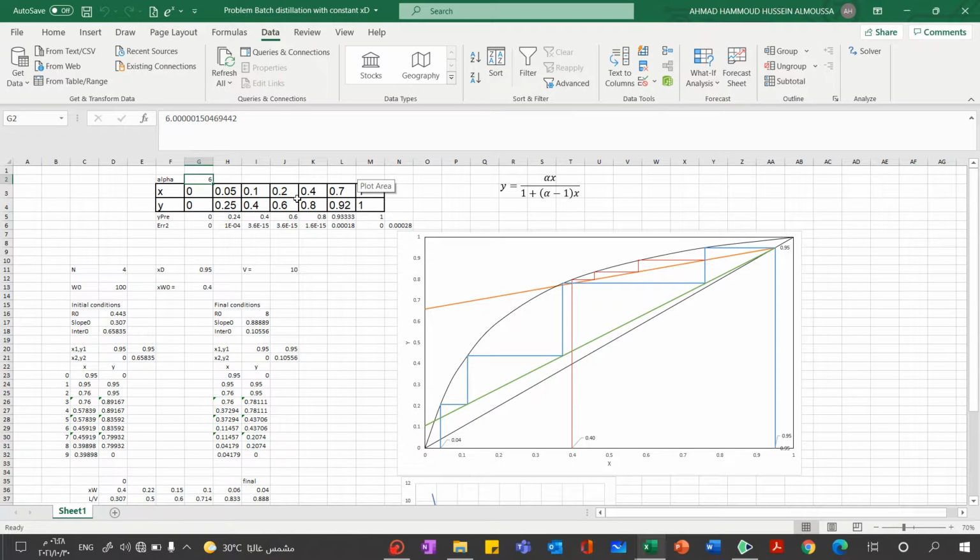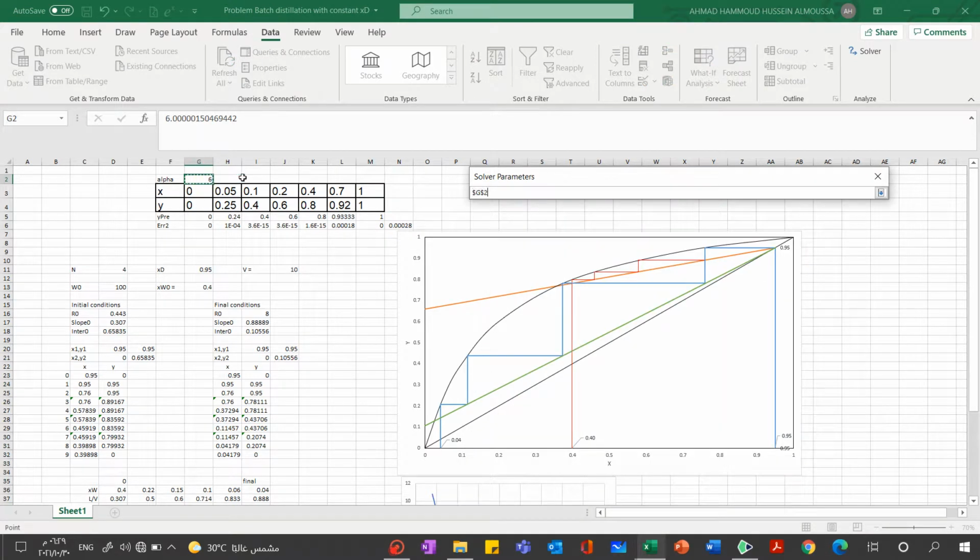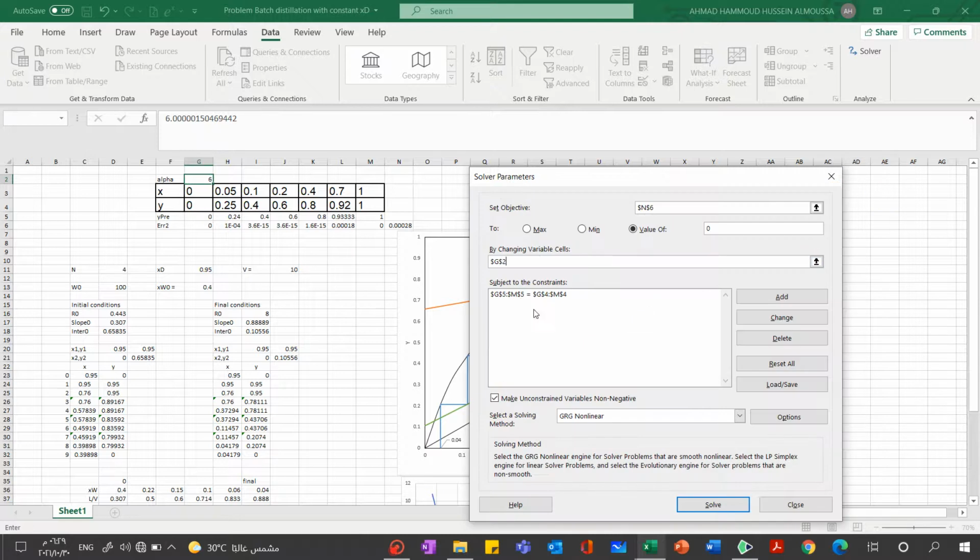6.0339. But now let's take the 6 as the initial guess and run the solver again. Set the objective, which is this value, to 0, by changing the relative ratio value, and this is the constraint: the y predicted value equals the y.